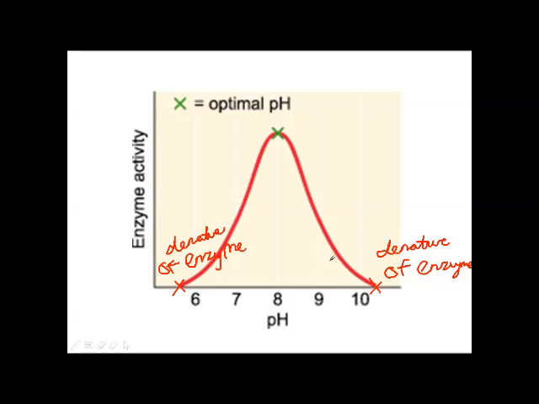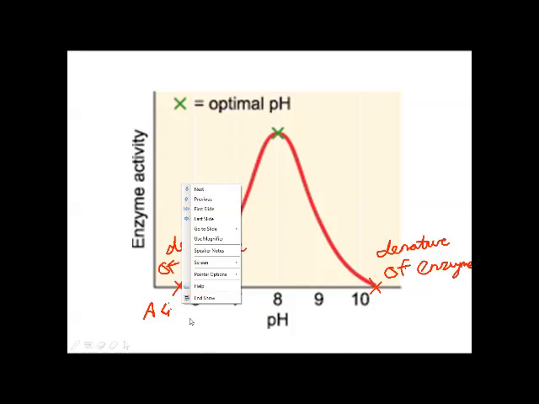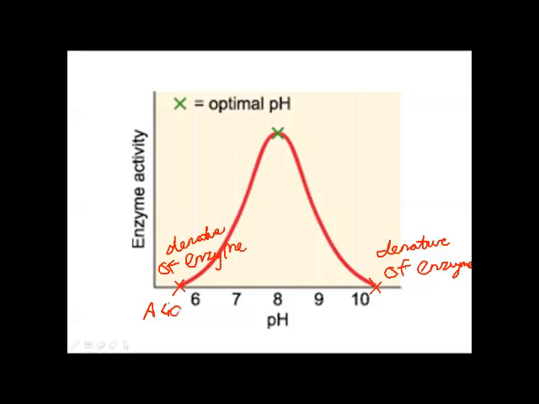According to this graph, if the pH is below 5, so this is highly acidic, don't worry, I'll make sure I change my pen for the next video.